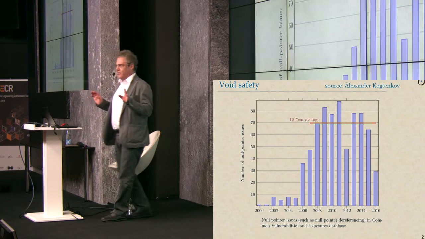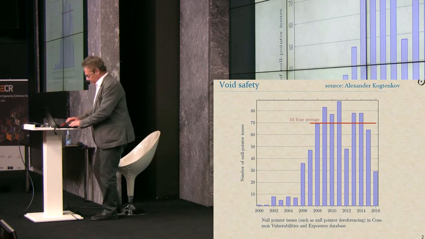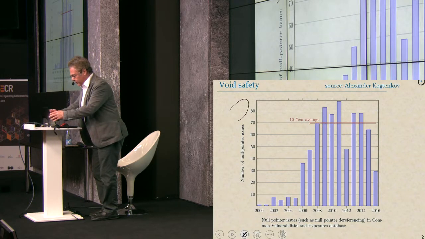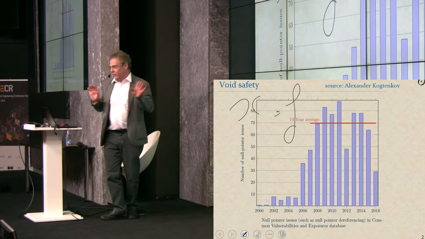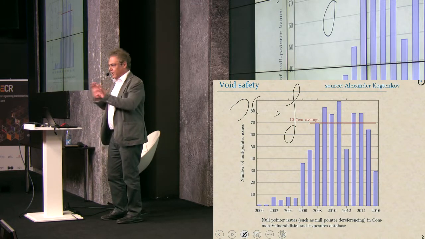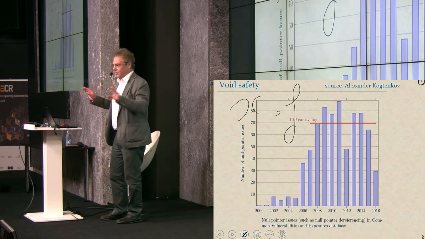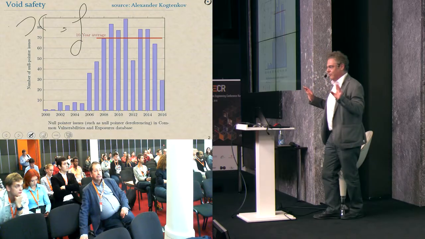So the problem we're talking about is a program that performs something like x.f, and x is null. Okay, boom, the whole thing crashes, the plane goes down, the stock market crashes, and so on.